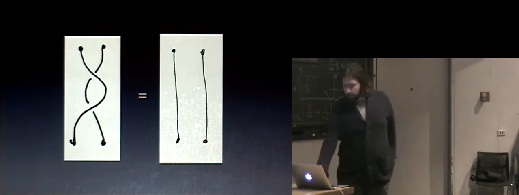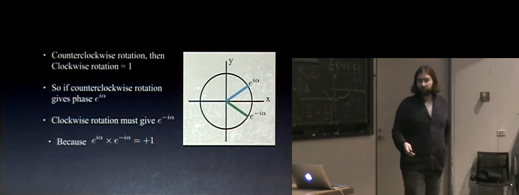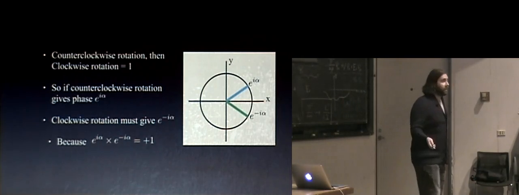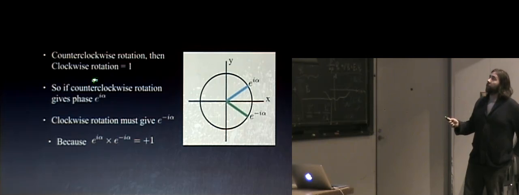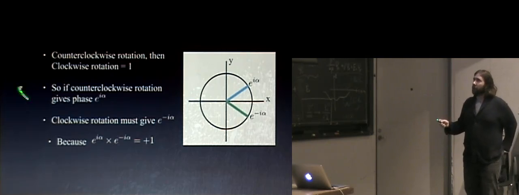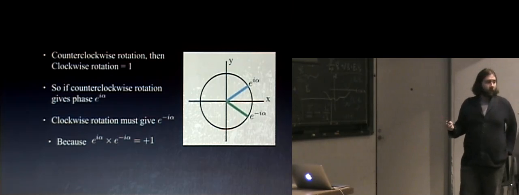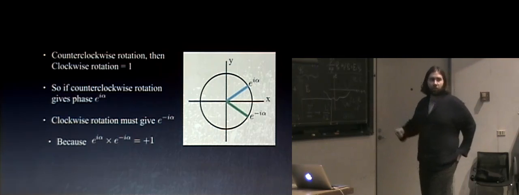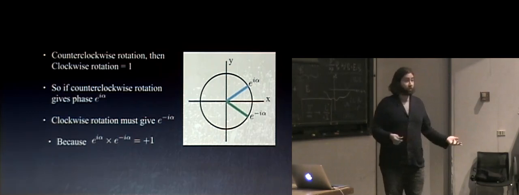So what that means is that since a counterclockwise rotation followed by a clockwise rotation is the same as not doing anything, a clockwise rotation has to be the inverse of a counterclockwise rotation. Now, if I'm just talking about electrons in 2 dimensions, this is fine, because the inverse of -1 is -1.